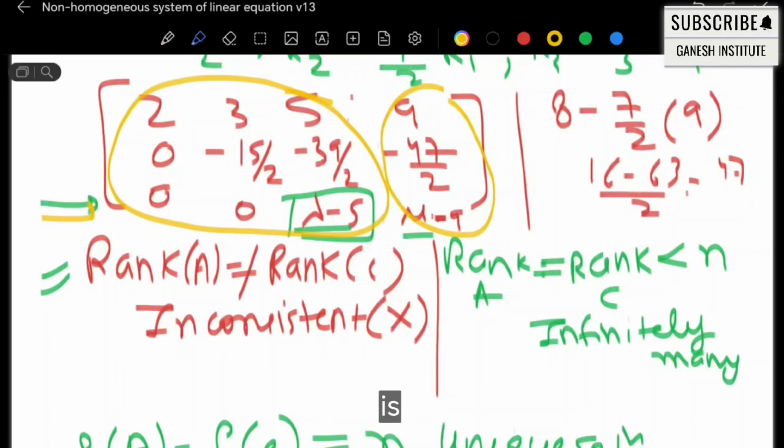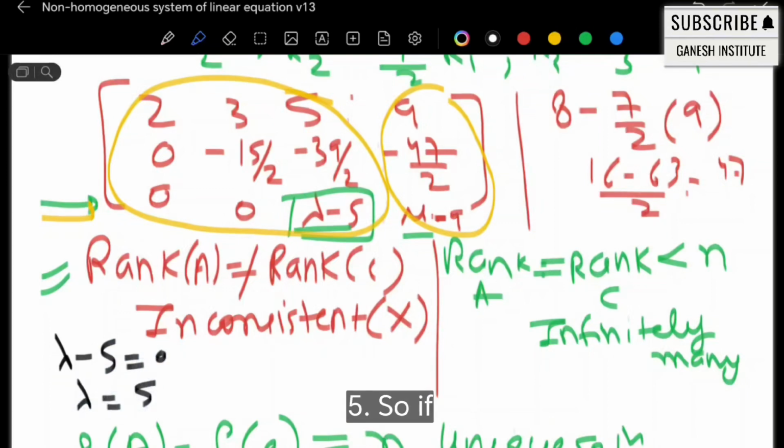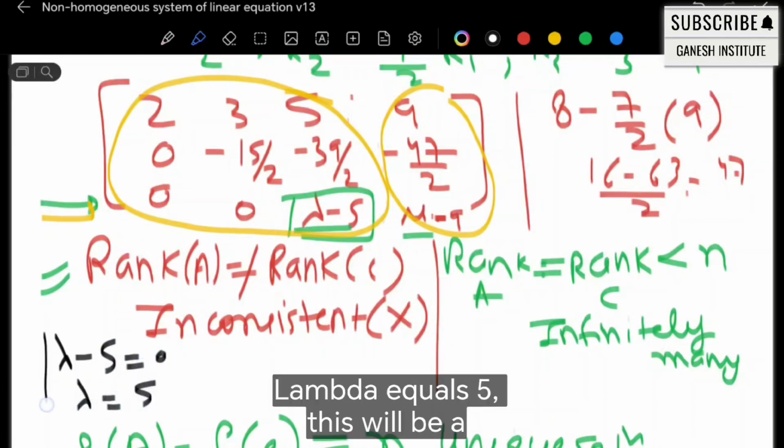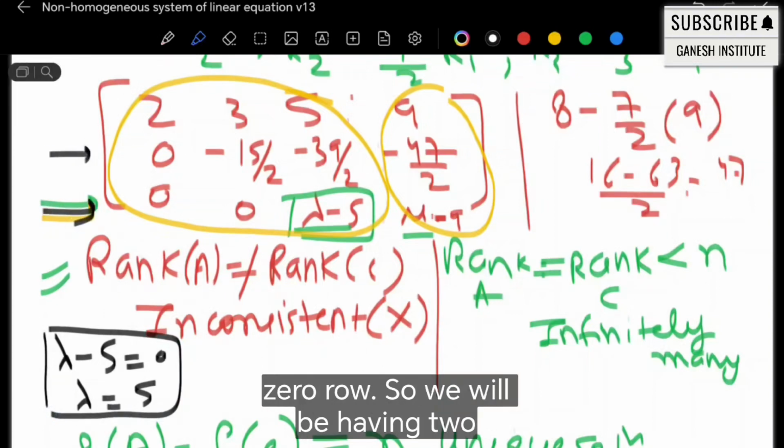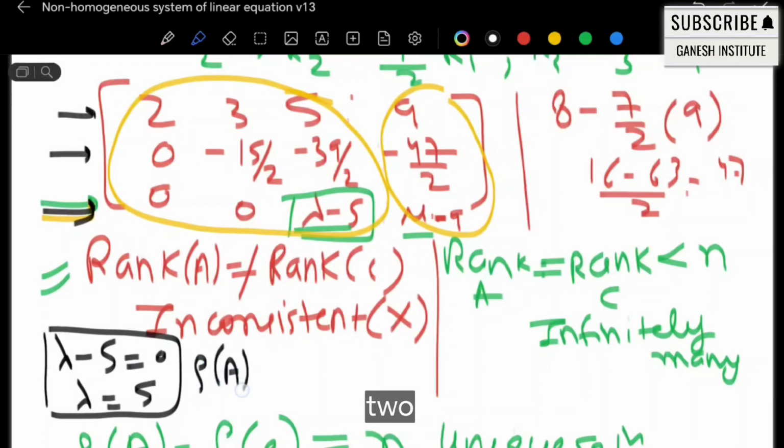That is lambda minus 5 equals 0. That is lambda equals 5. So if lambda equals 5, this will be a 0 row. So we will be having 2 non-zero rows. So rank of A will be 2.